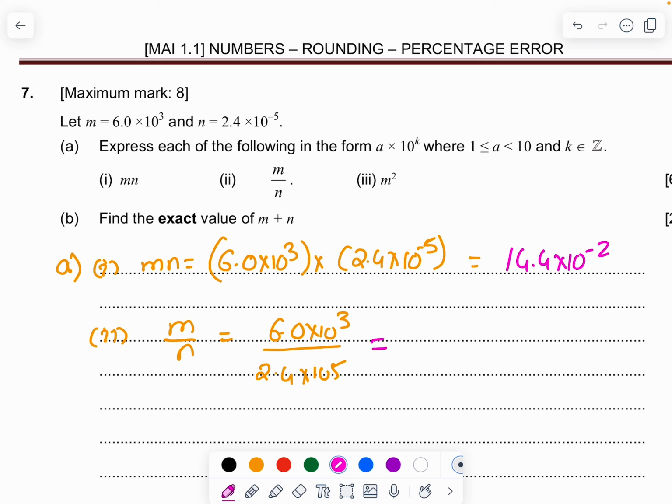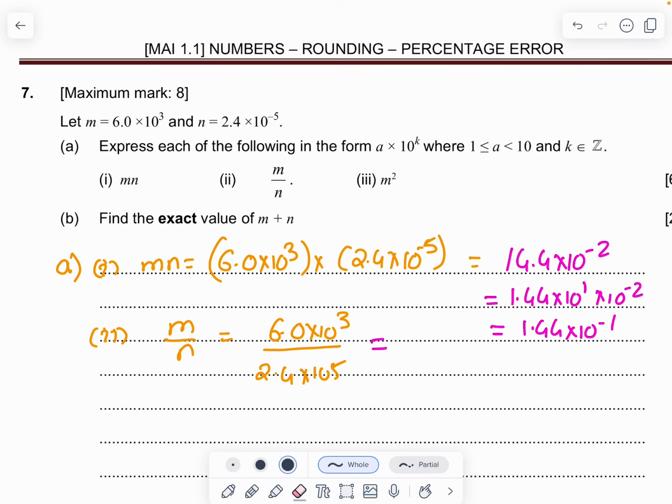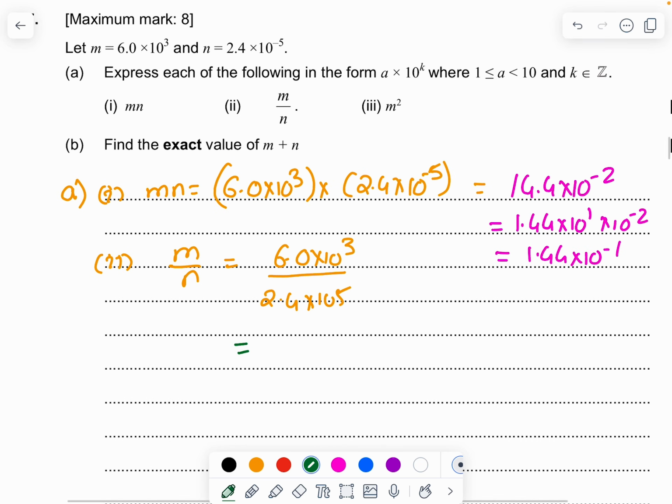So when I divide this one, now this is not in standard form, therefore 1.44 times 10 power 1 times 10 power negative 2. So what should be my final answer? 1.44 times 10 power negative 1. And for this, when I divide, I will be getting 6 divided by 2.4 times 10 power, this is negative 5, 10 power 8. So when I do, you will get 2.5 times 10 power 8.